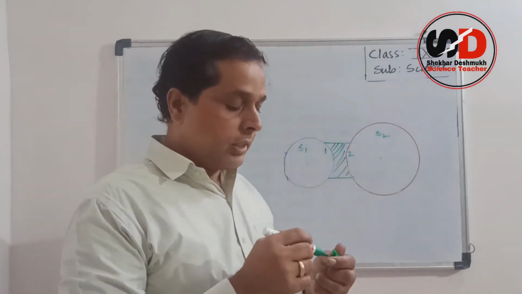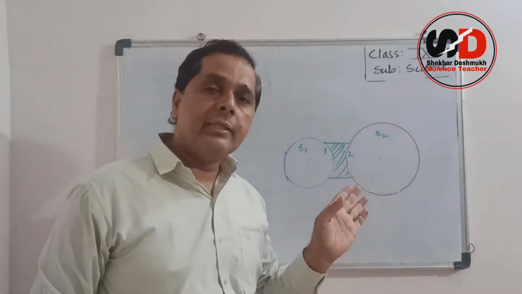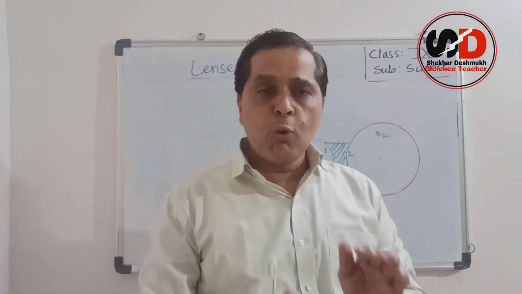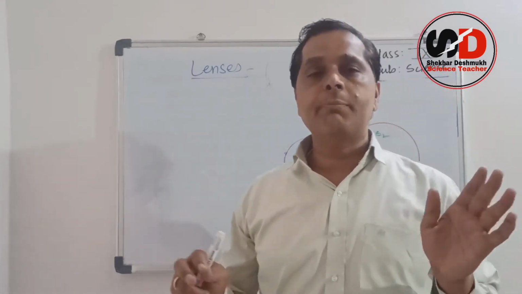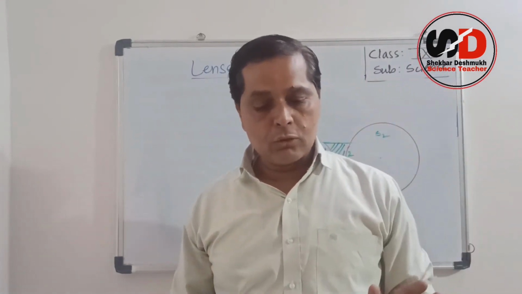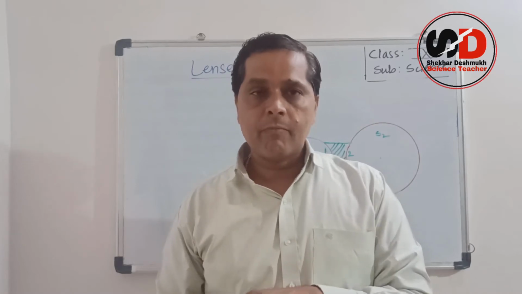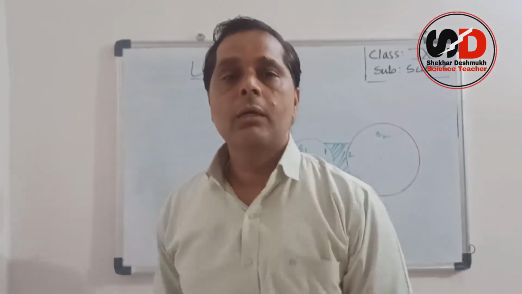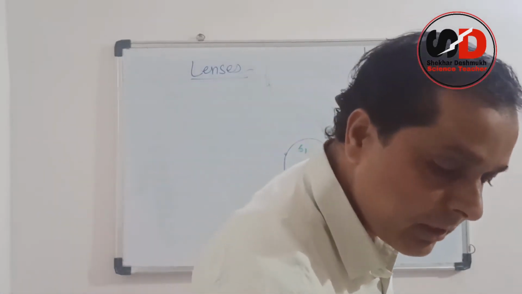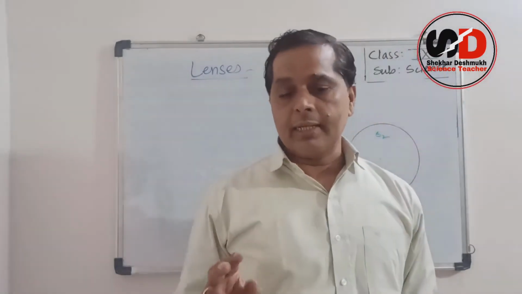So, in this way we can easily say that both the surfaces of both the lenses are part of spheres. Understood? Now let us see the terms related to the lens, concave and convex lens.